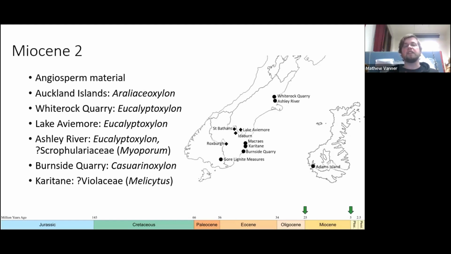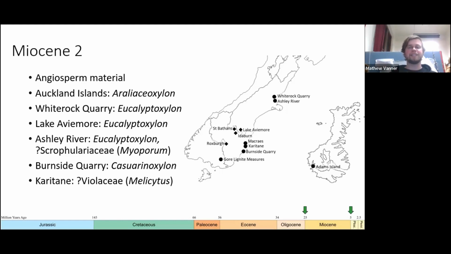The angiosperm material was considerably more. I focused on angiosperm material for my PhD, unlike my master's, which found more coniferous material in the Miocene. So we have from the Auckland Islands, Araliaceae, and from White Rock Quarry, Lake Aviemore, and the Ashley River, Eucalyptoxylon, so a fossil eucalypt.